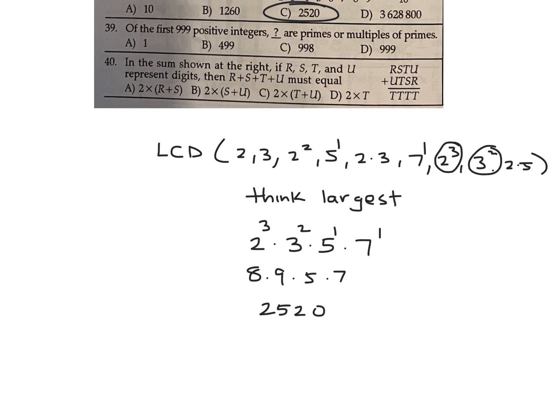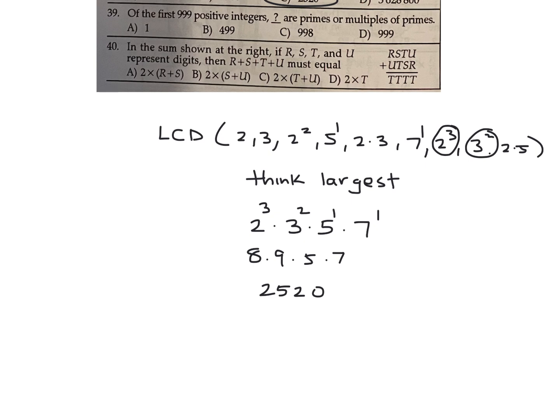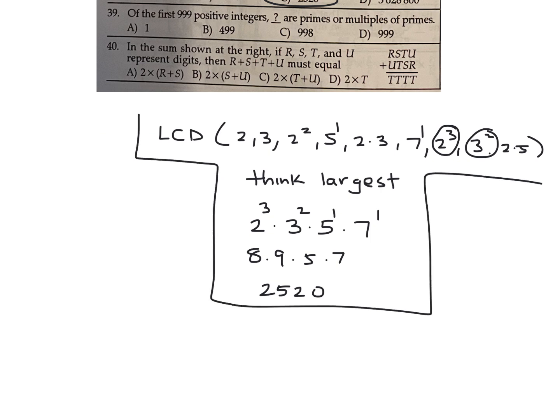So C. Of the first 999 positive integers, how many are primes or multiples of primes? Okay, interesting. Well, everything is a multiple of a prime. Every number is a multiple of primes, right?